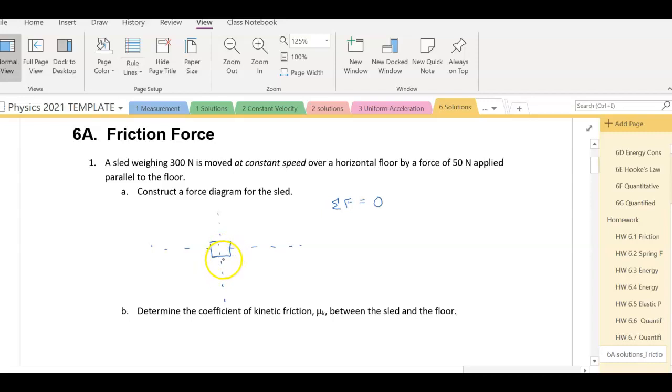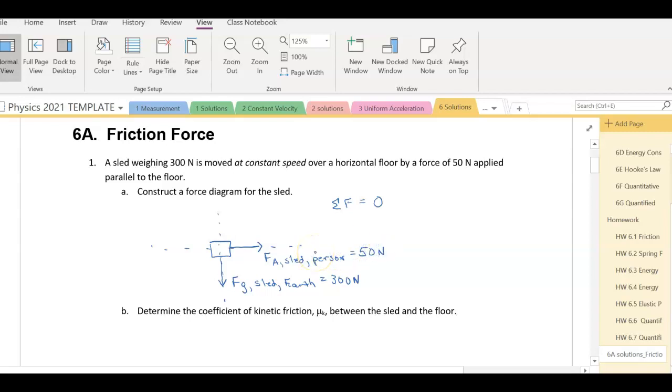It's at equilibrium. I'll begin with the weight of the sled, which is the gravitational force being exerted on the sled by the Earth. That's given as 300 newtons. They tell us that someone is applying a force, so there's an applied force on the sled by a person, given as 50 newtons.